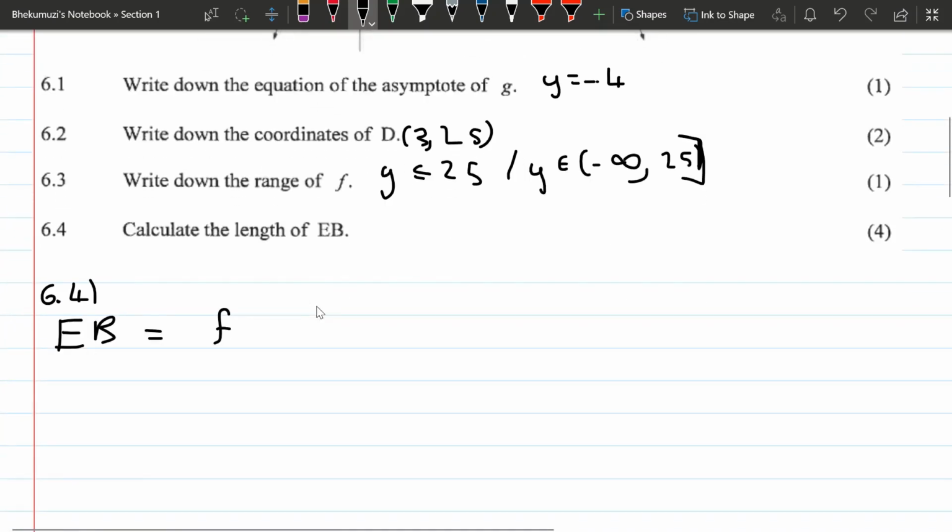But how do we get that y-intercept? We make x to be 0, so we say it's f of 0 minus g of 0, right? Now, if f of 0 minus g of 0 gives us EB, then it's quite clear what to do. We just need to use the formula.